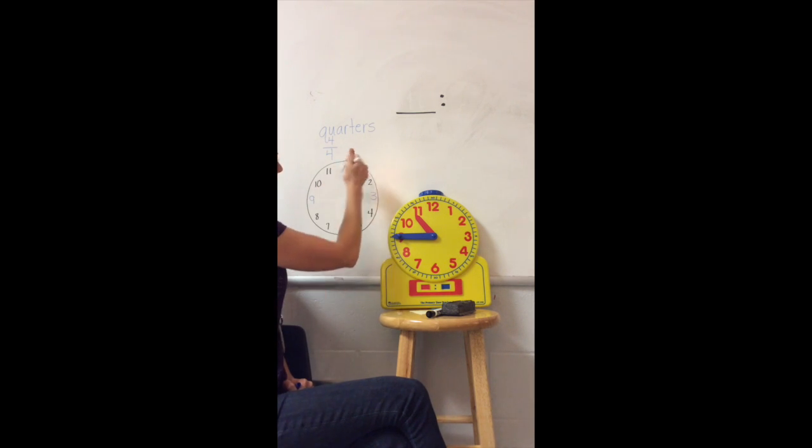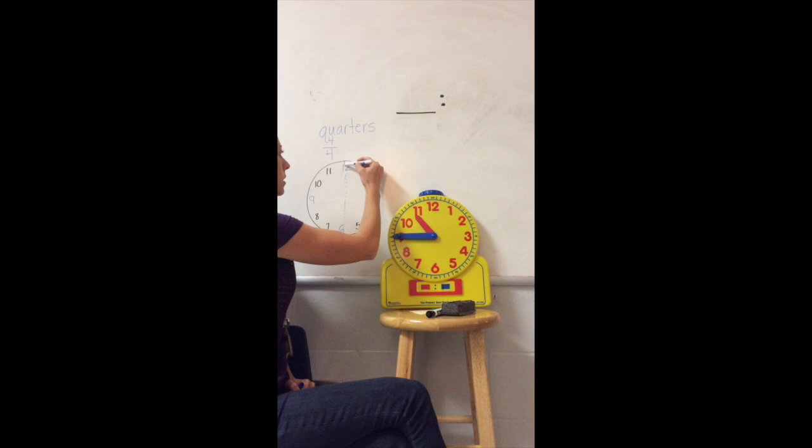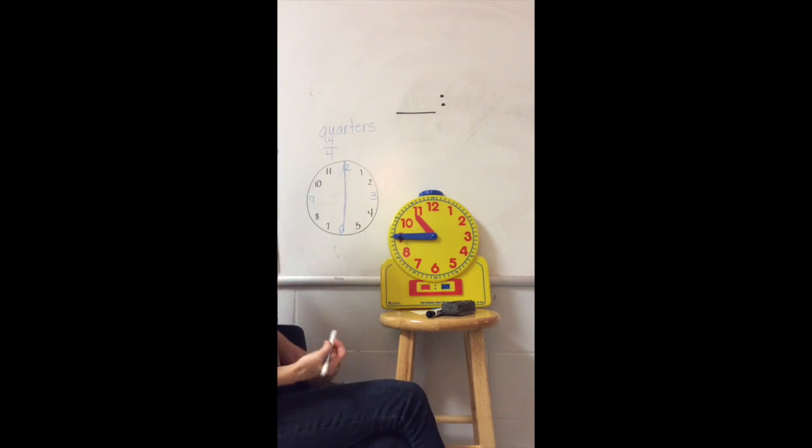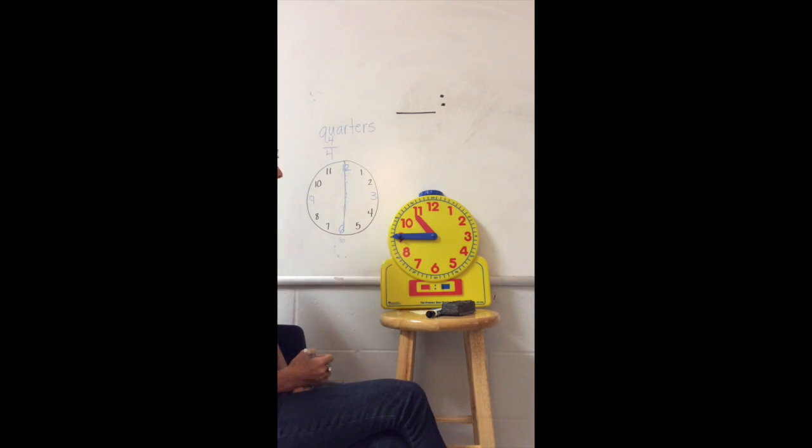If I go straight down the middle of the clock, I can break that clock into half, or half past, like we've talked about. What's half of our 60 minutes? Correct, that is 30 minutes.